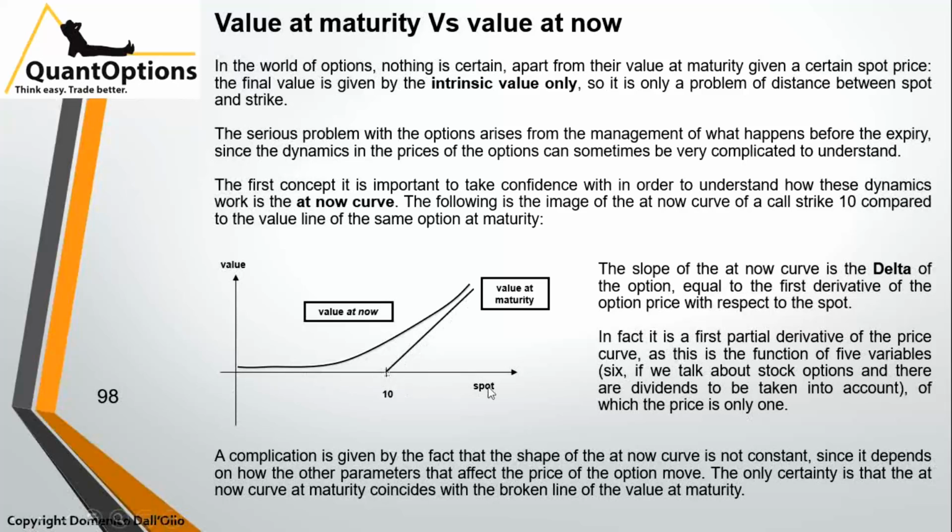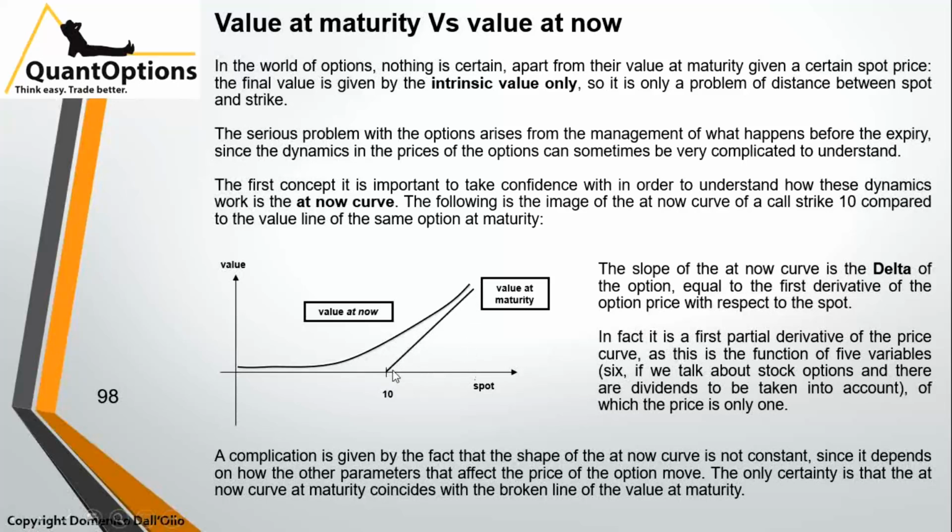For any price of the underlying equal or lower than 10, the call 10 is valued 0. Then, if the spot crosses the strike, for every euro of increase, the option will be valued 1 euro. 11 euros, 1 euro; 12 euros, 2 euros; 20 euros, 10 euros, the value of the option.